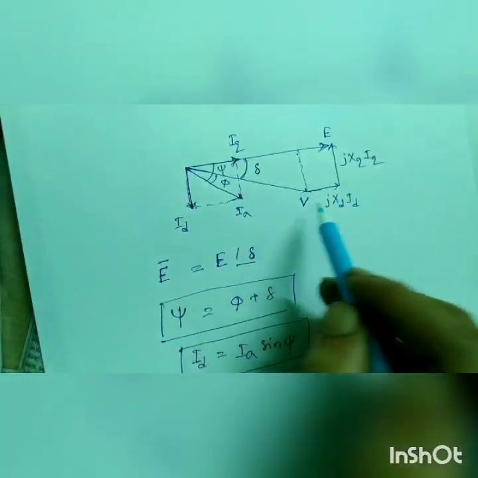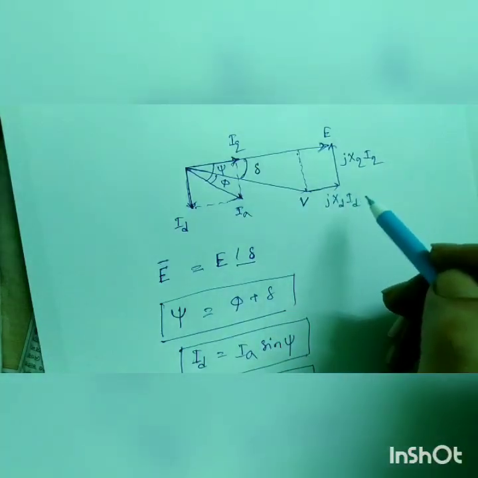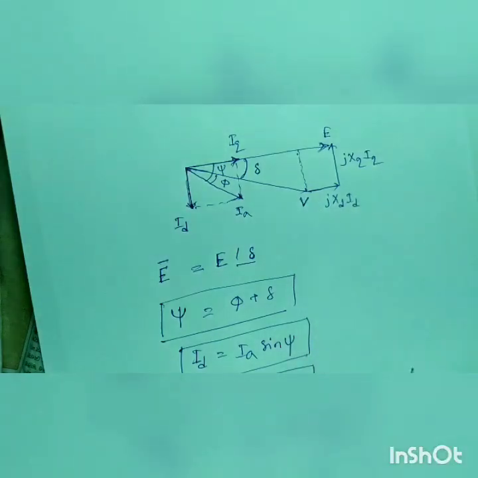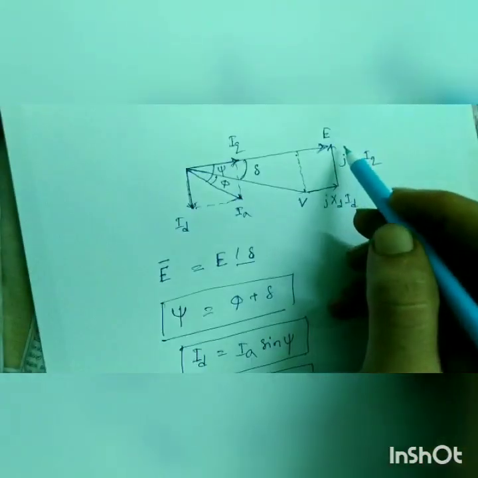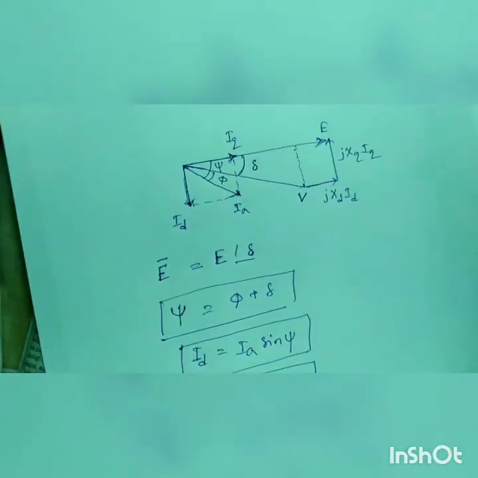You know the value of the applied or terminal voltage, you know ID, XD, XQ, IQ, but you don't know the induced EMF of the alternator. So you have to calculate it. How can you calculate it? So let's see.